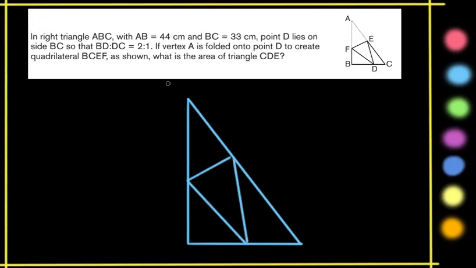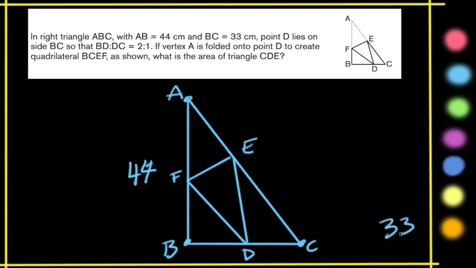AB is 44, so it's 44 all the way, this whole distance from A down to B. And then there's a point C, a point E, F over here, and D down here. It says AB is 44, BC is 33. I don't have enough room, but I'll just draw it in gold here. This distance here is 33.